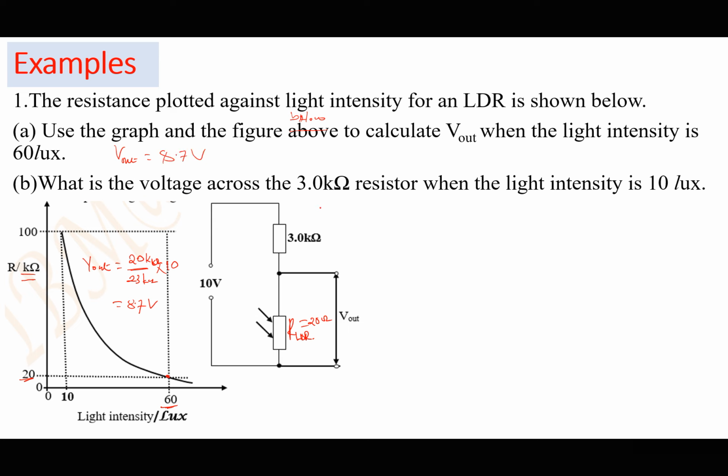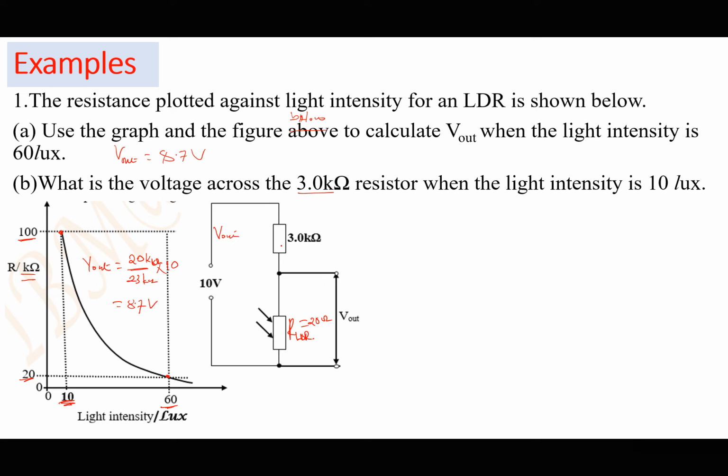What is the voltage across the 3 kilo ohm resistor when the light intensity is 10 lux? So when the light intensity is 10 lux, the resistance from the graph is 100. So we just change this to 100.